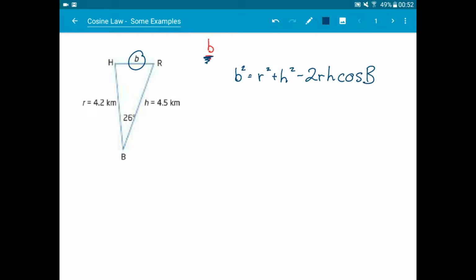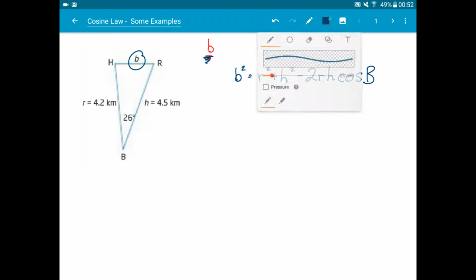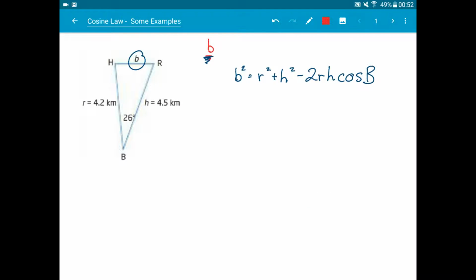Now we're just going to plug in everything we know. I'm going to use my red, and we're going to use 4.2 for r, and 4.5 for h, and 26 degrees.